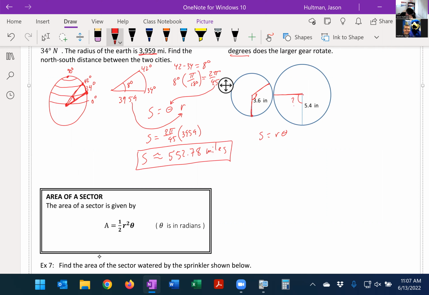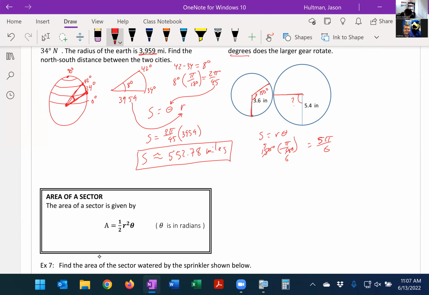So the way they want us to do this is to say S is equal to R theta. We know this is 150 degrees, and they want us to convert our degrees into radian measure. So 150 degrees becomes 150 times pi over 180. Both top and bottom are divisible by 30. So this becomes 5, and this becomes 6. So this is 5 pi over 6, which is 150 degrees.